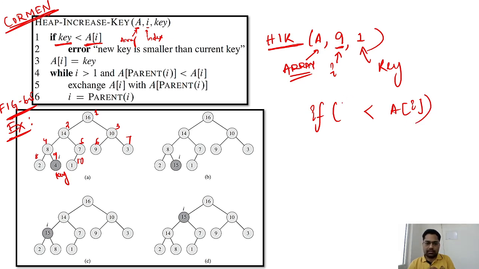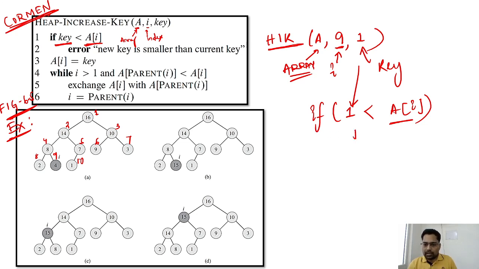Sorry, key is 1. Whenever we are adding it, the key is already given to us, and this is our ith index. Right now you just focus on the key being given as 1, and here you first have to check whether the index exists or not.